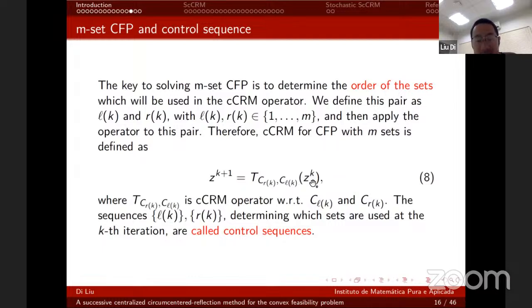We have a point z_k and an operator T. T is the same as before, but with respect to R_k and L_k. The pair L_k, R_k is a kind of order. Here we call it a control sequence because it controls the order of the sites. Different kinds of control sequences will give very different performance of the algorithms.